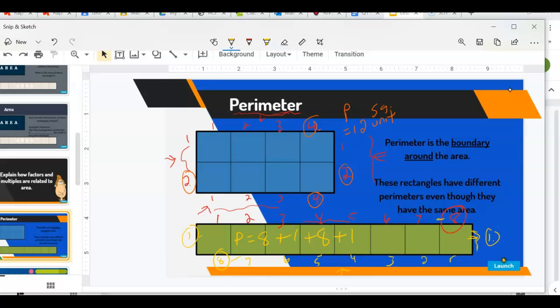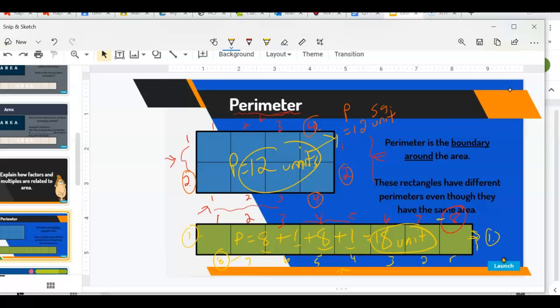So we're going to add those up. 8 plus 1, 8 plus 8 is 16, plus 1 more is 17, plus 1 more is 18. So we got 18 units. So this bottom one is 18, and this one is 12. So that is our perimeter for both.